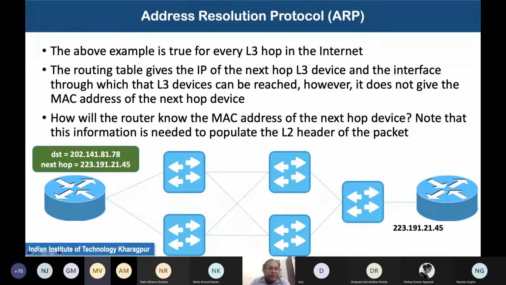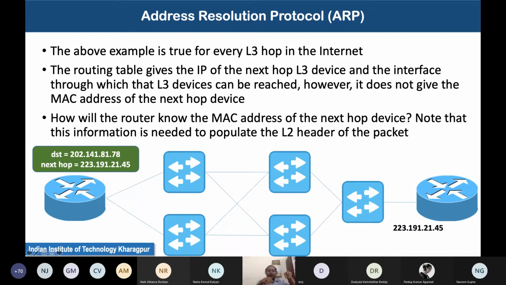Well, so that is the kind of challenge that we have, and for finding out the MAC addresses of the layer 2 devices, actually what I need to do is find out the MAC address of the final destination. Well, so typically what happens is that from layer 3 forwarding, you move to layer 2 forwarding.